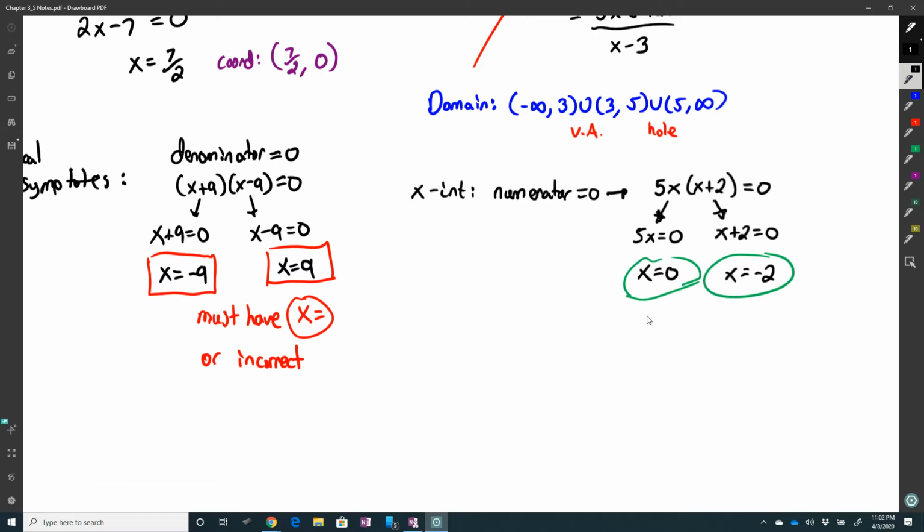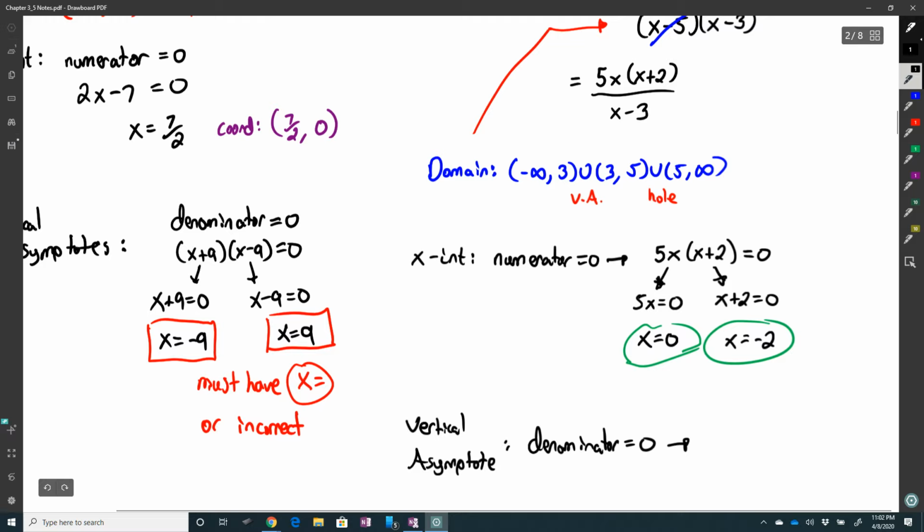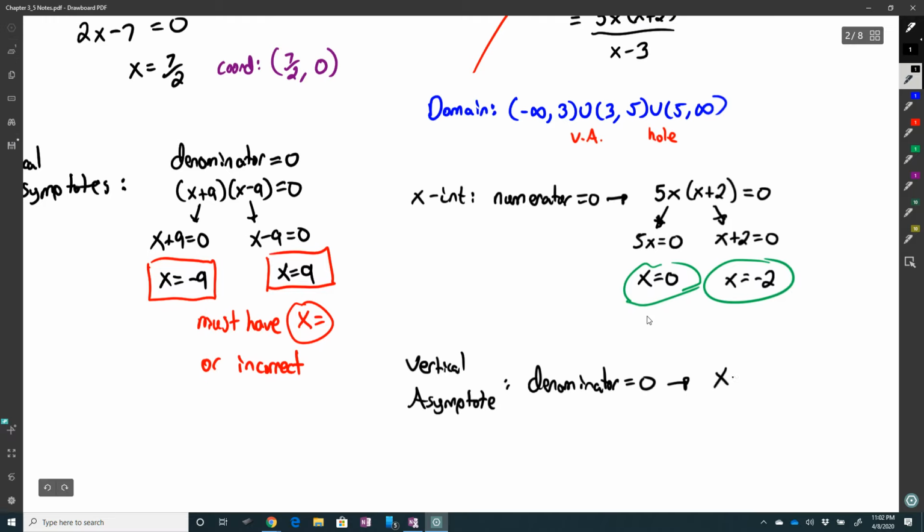For the vertical asymptote, you just do denominator equals 0. My denominator of the simplified equation is x minus 3, so x minus 3 equals 0, so x equals 3.